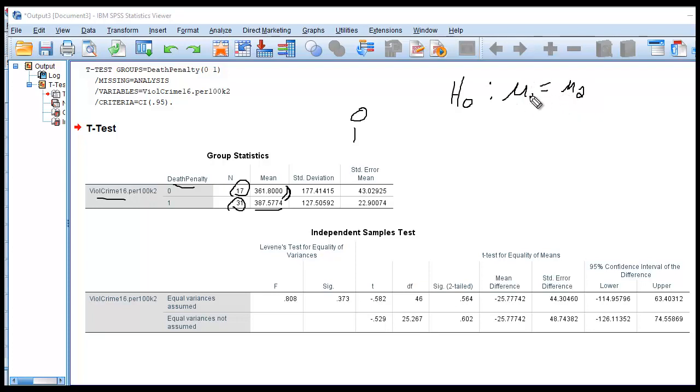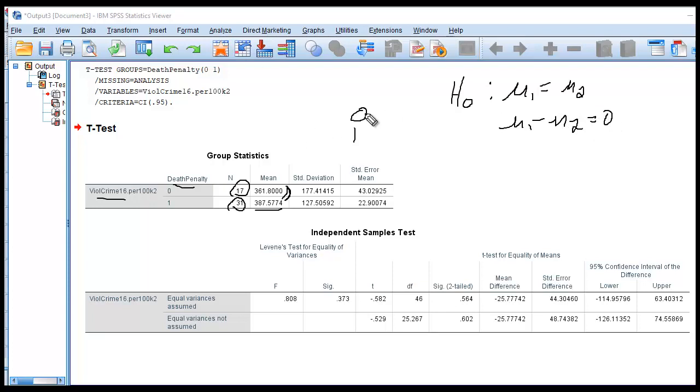Mu is essentially the notation for population mean. So essentially the mean for population group 1 on the dependent measure is equal to the mean for population group 2 on the measure. We could also lay this out as mu 1 minus mu 2 is equal to 0, meaning that there's no difference.